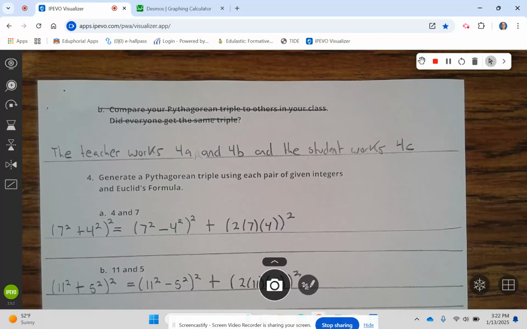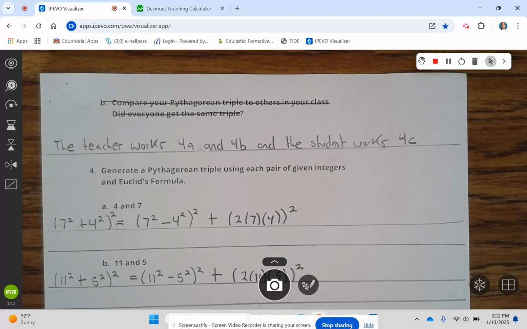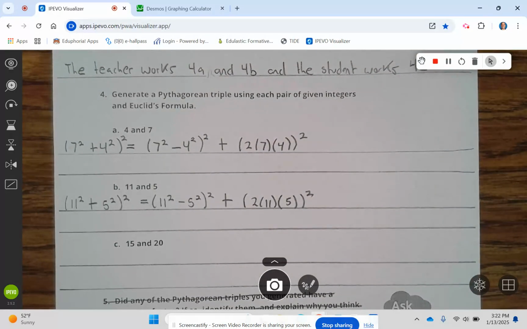All right, the teacher works 4A and 4B, and the student works 4C. 4.